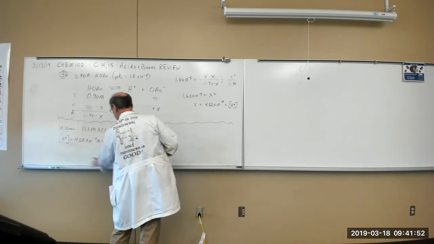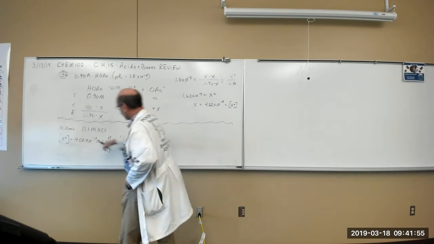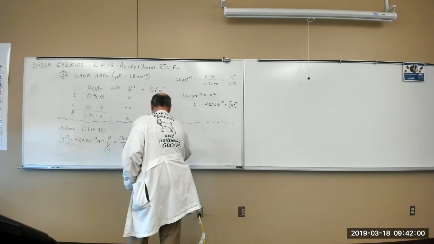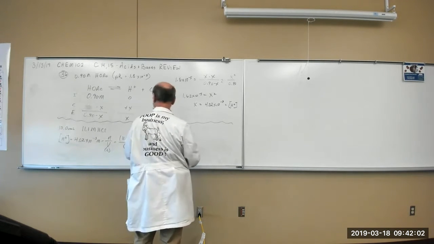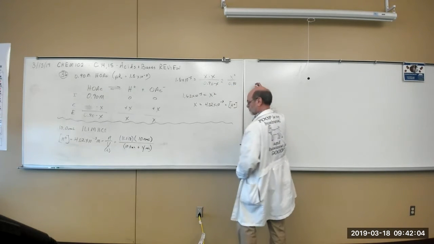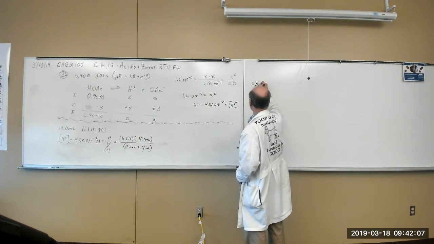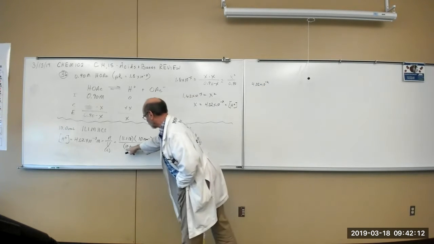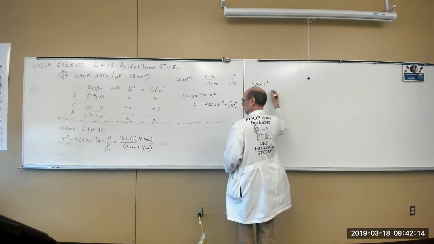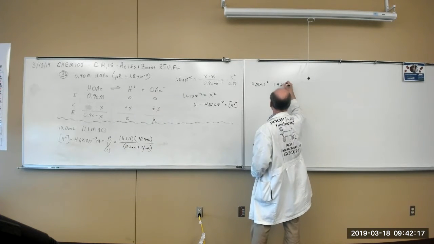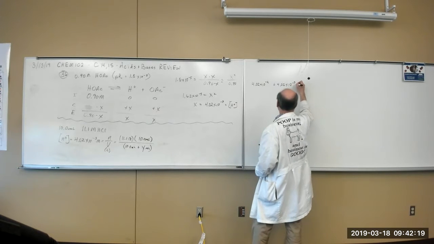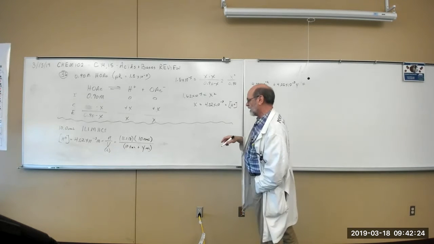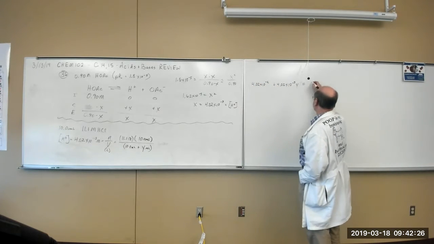Well, if we take this term and put it over here, we have 4.02 times 10 to the minus 2 is this part times that, plus 4.02 times 10 to the minus 3 y. And that's equal to 11.1 times 10, which would be 111, right?